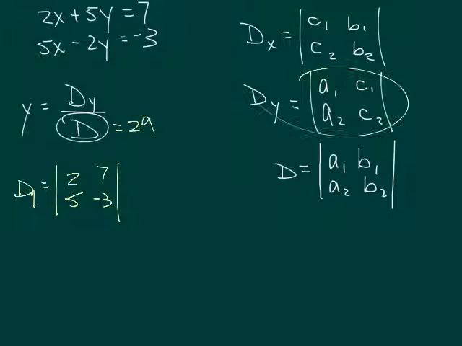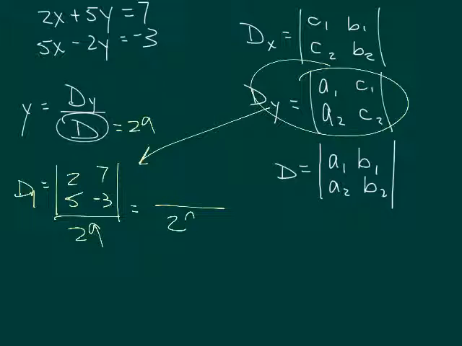I put those right there, and that's over 29. We already figured that out. If I do my minors, 2 times negative 3 is negative 6, minus 35, so I get negative 41. Oh, and that 29 was negative, wasn't it? Which gives me an answer of 41 over 29.